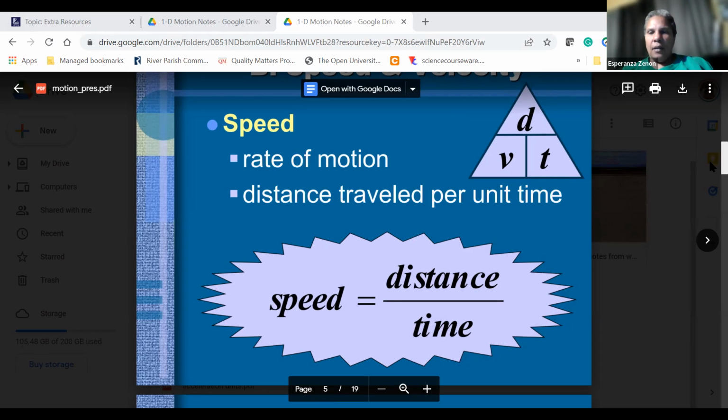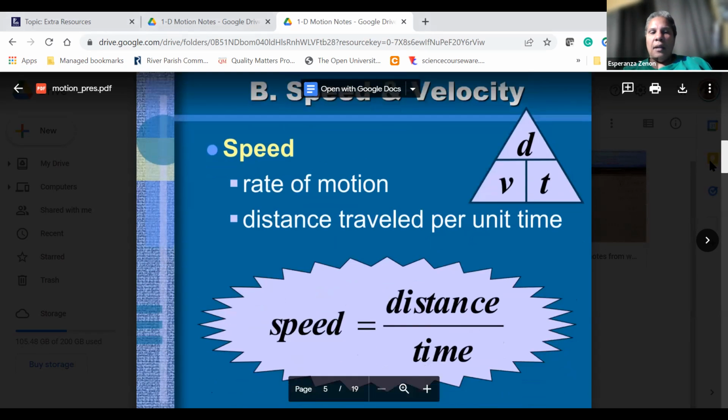Okay. All right. So as I was saying, the only other pyramid that you really need to focus on in this material is the pyramid that looks at speed, distance and time. Okay. They use this funny looking script, V for speed, D for distance, and T for time. And notice how they're related to each other.